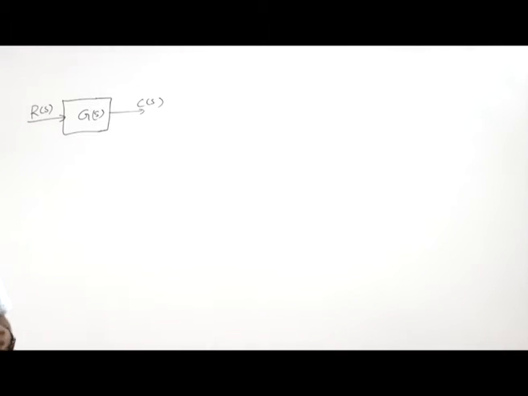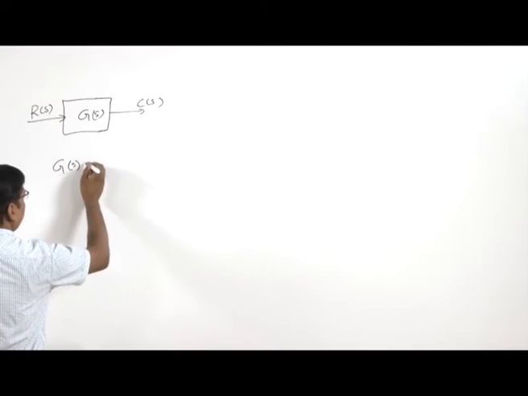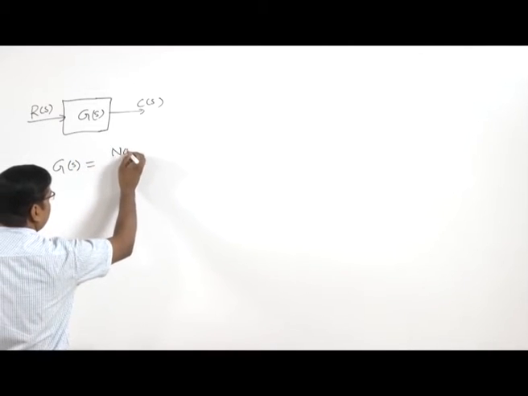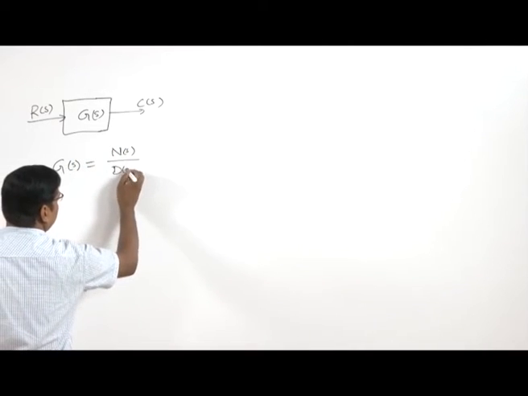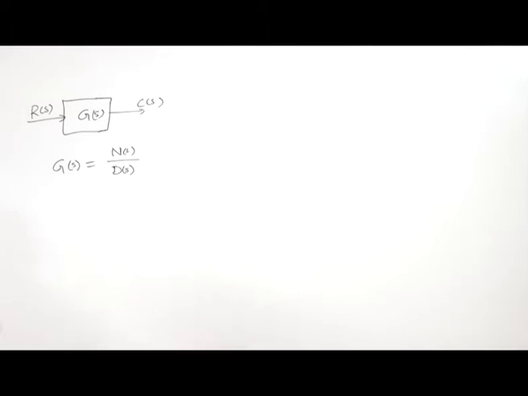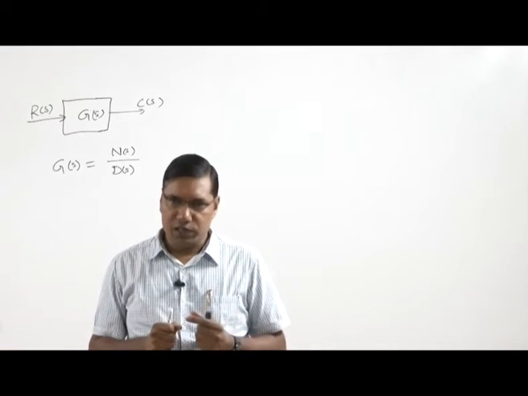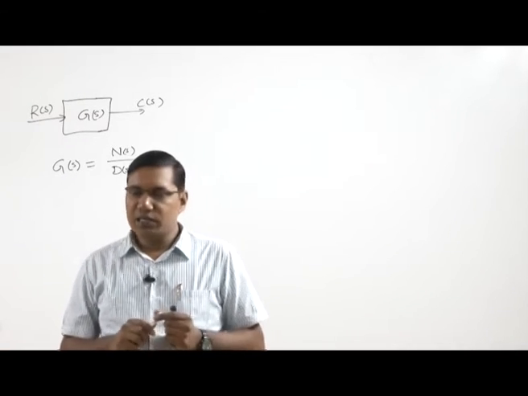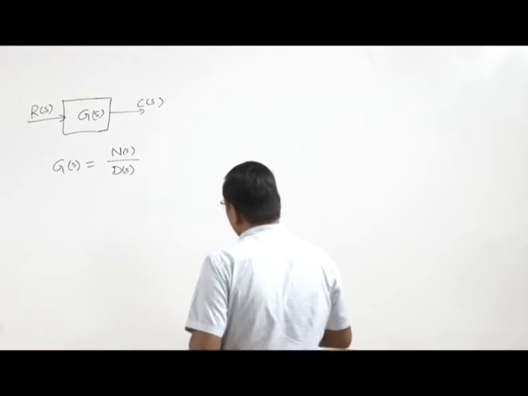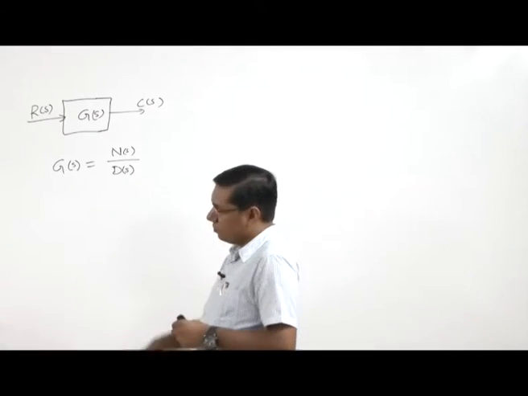This transfer function G(s) can be written as N(s) by D(s). N(s) is the numerator part of the transfer function and D(s) is the denominator part of the transfer function.